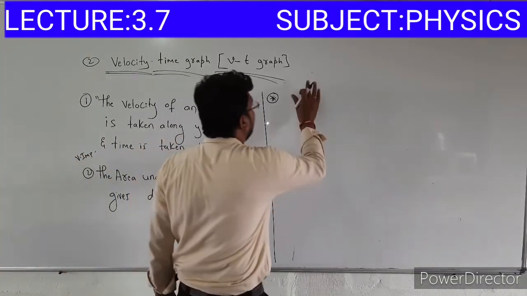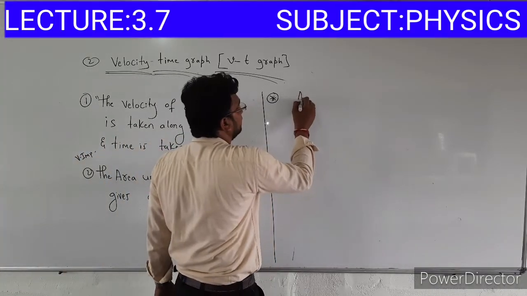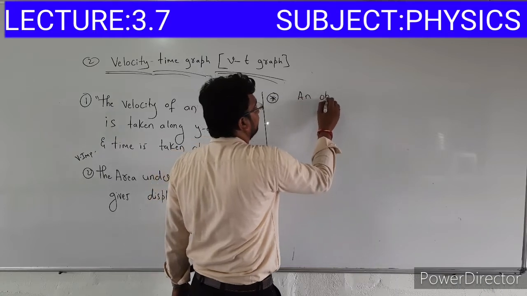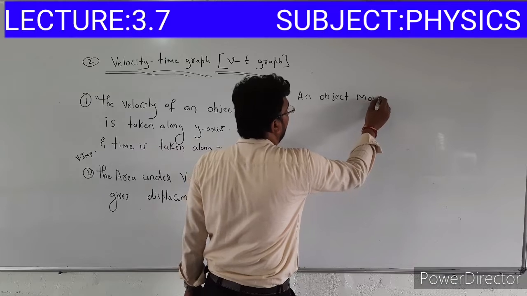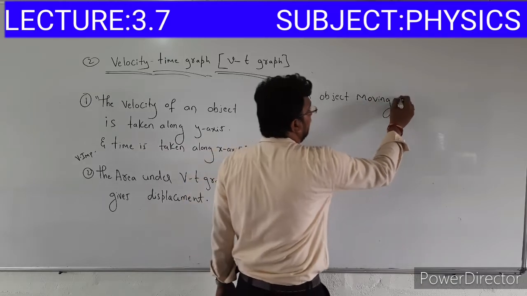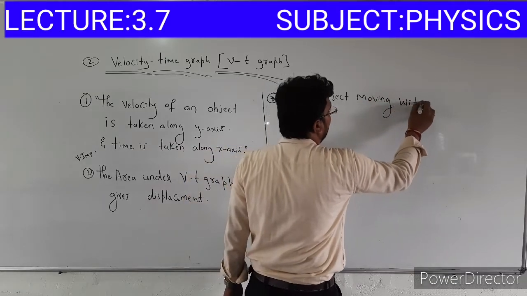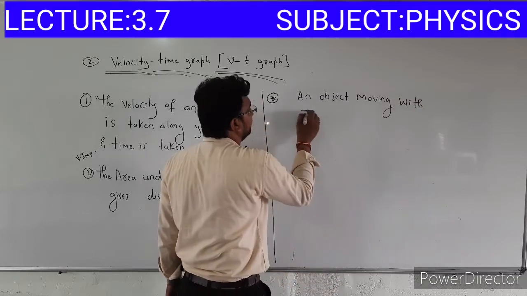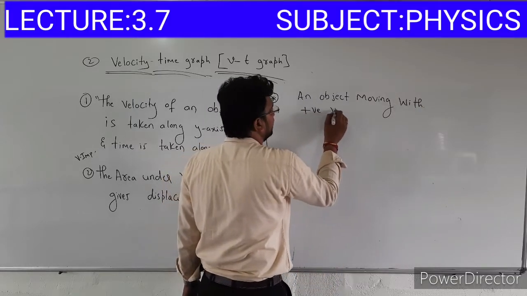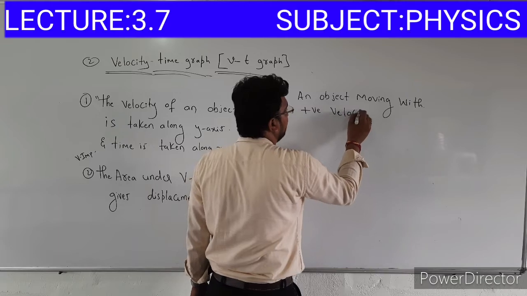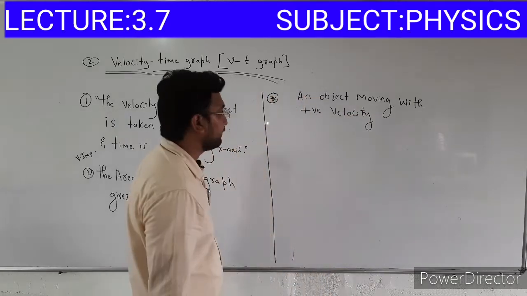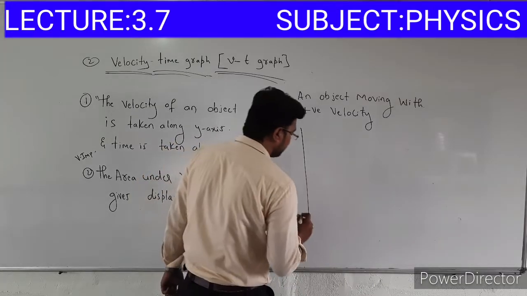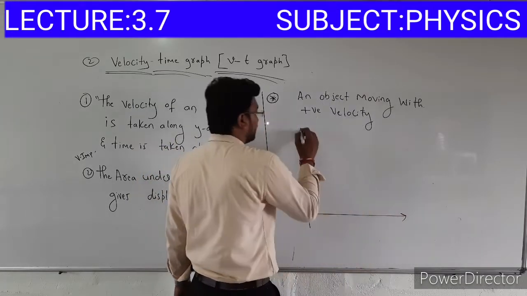An object is moving with a positive velocity. Positive velocity means the velocity of the object increases with respect to time.